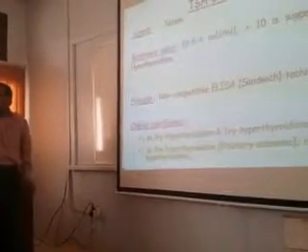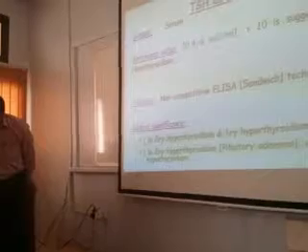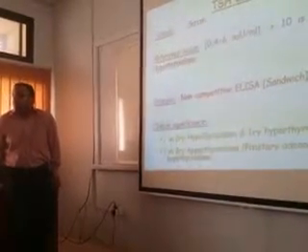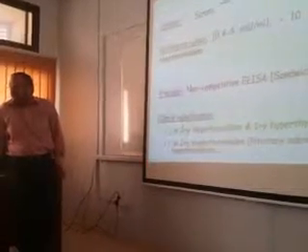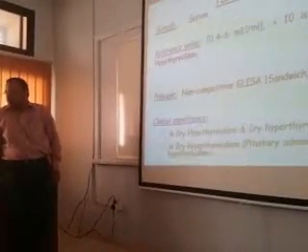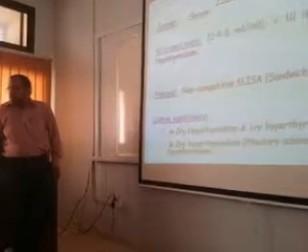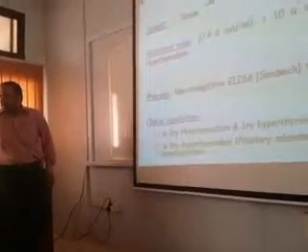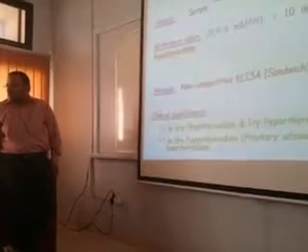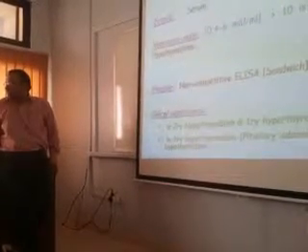We know that TSH is increased in hypothyroidism, where the defect is in the thyroid, primary. But how can it increase in secondary? In secondary hypothyroidism, TSH is decreased.